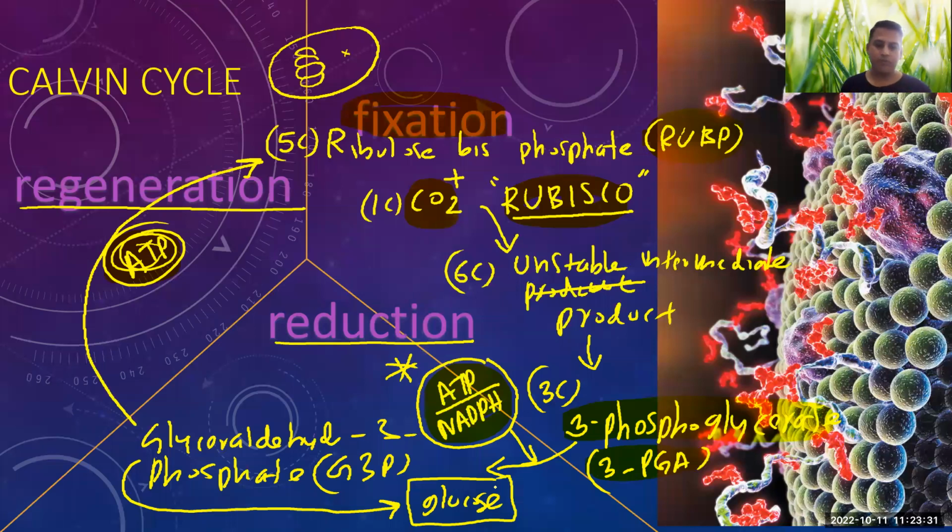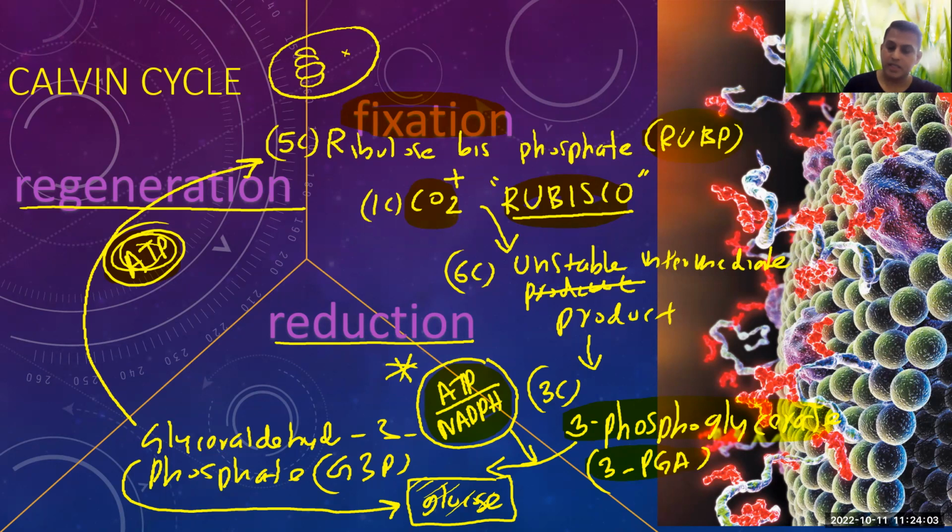We just stop the Calvin cycle by saying it produces glucose from glyceraldehyde 3-phosphate. The rest of the pathways are not important. So what is the product of the Calvin cycle? Basically glucose. Energy is provided by the light dependent reaction.